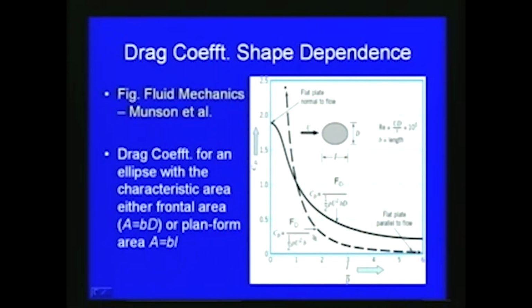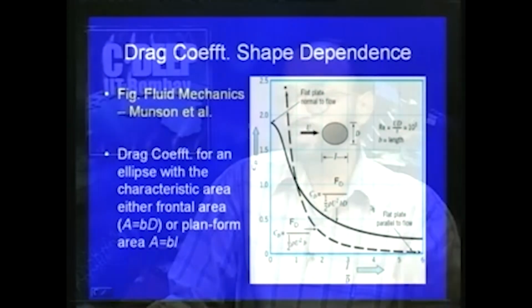For this thick line, CD is equal to FD by half rho u square into B into D. Here the area is B into 1. This corresponds to Reynolds number 10 to the power 5. Like this we can show that depending upon the shape of the body, the drag coefficient changes.